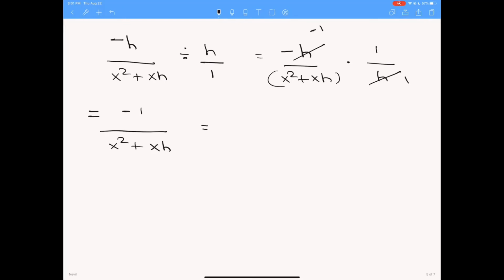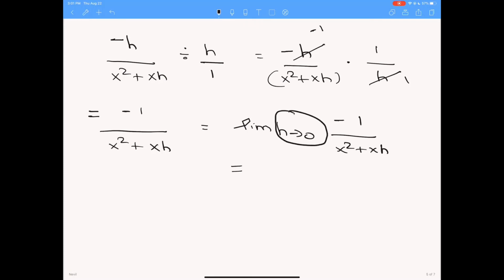So now the last part you're supposed to do is apply the limits. So my limit as h tends to 0 of negative 1 divided by x squared plus xh can be applied. It says all h's are going to equal 0.